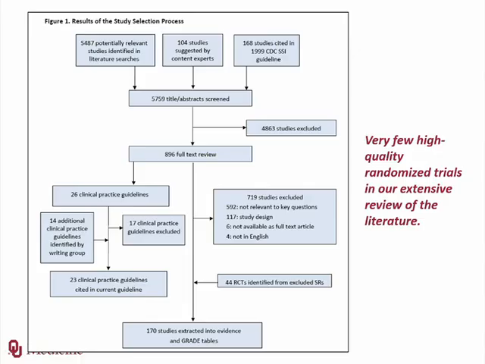There are piles and piles of poorly done, incorrectly done, single-site studies, industry-sponsored studies, other things that really limited our ability to do evidence-based reckoning. That's why in the guideline there are so many things that we had to list as largely unresolved.